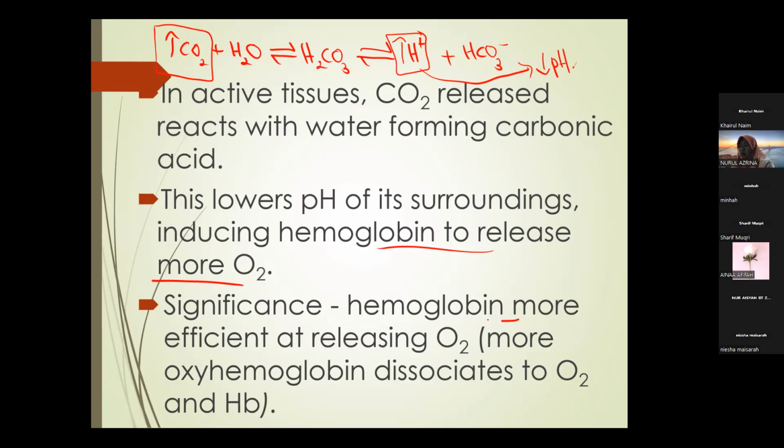It will cause hemoglobin to become more efficient in terms of releasing oxygen. In other words, more oxyhemoglobin dissociate into oxygen and hemoglobin. So oxyhemoglobin, okay, dia akan dissociate into oxygen and also hemoglobin. Okay.